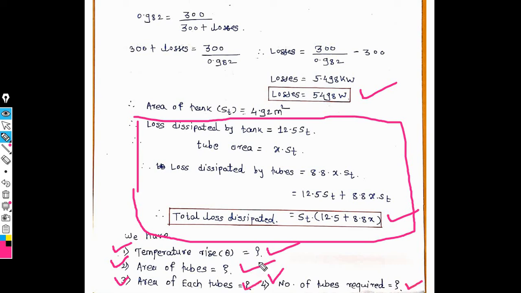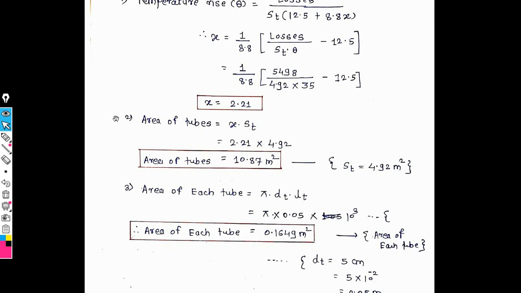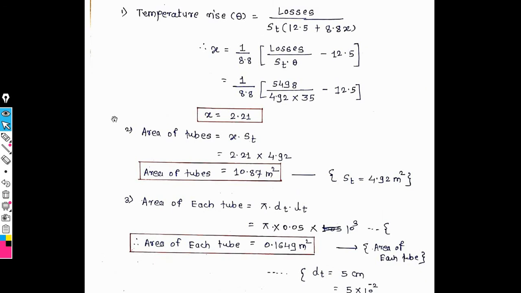Now calculate first the temperature rise theta. The formula is theta equal to losses upon ST into bracket 12.5 plus 8.8 x. This is the temperature rise theta. Then the formula for x is equal to 1 upon 8.8 into bracket losses upon ST into theta minus 12.5.